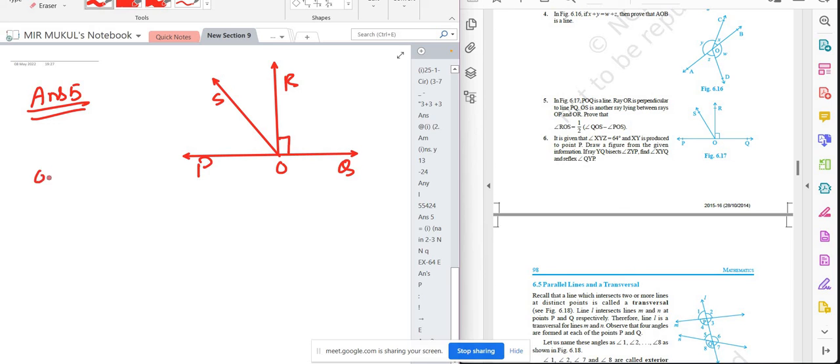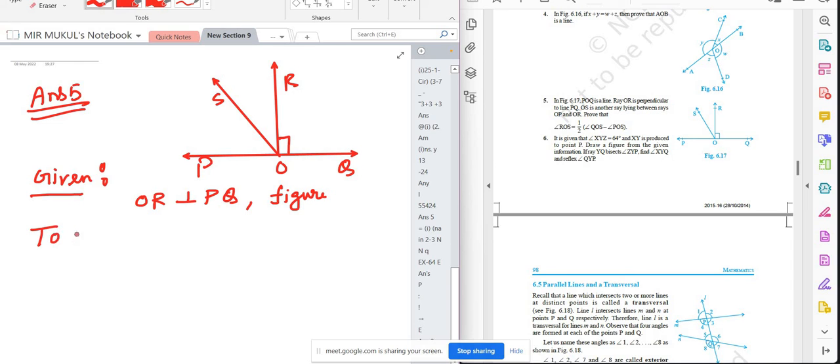So now write given. So here what is given? In figure, POQ is a line, ray OR perpendicular to PQ. So main given part: OR is perpendicular to PQ, and OS is another ray lying between the rays OP and OR. Figure is also given.